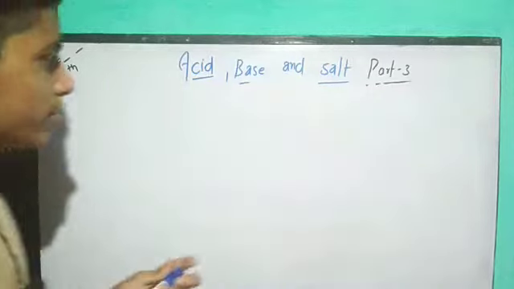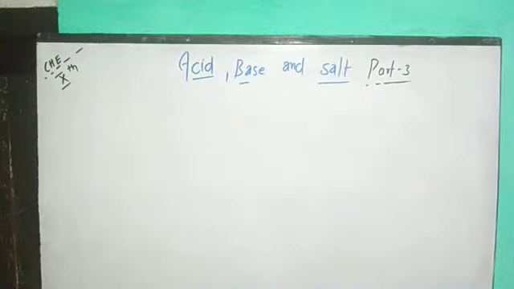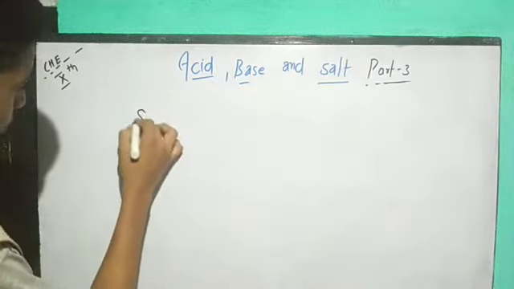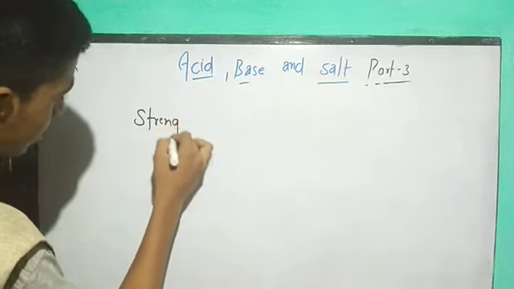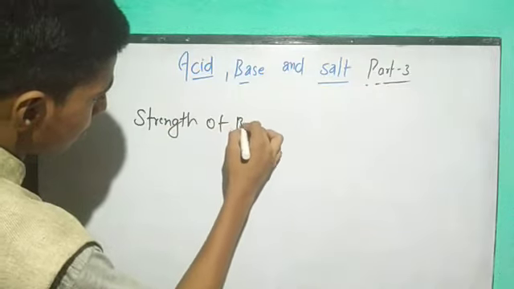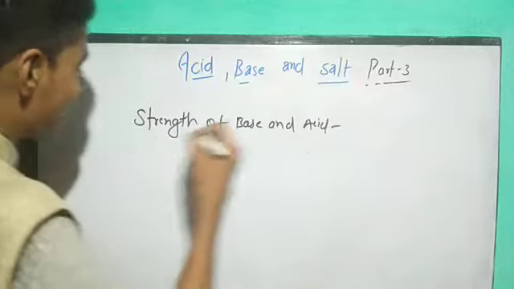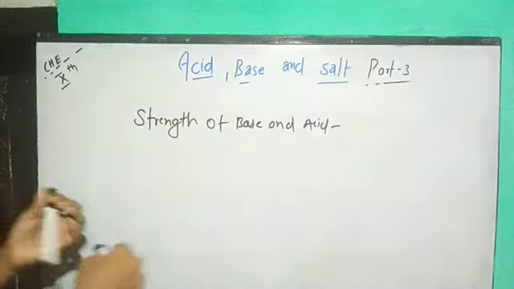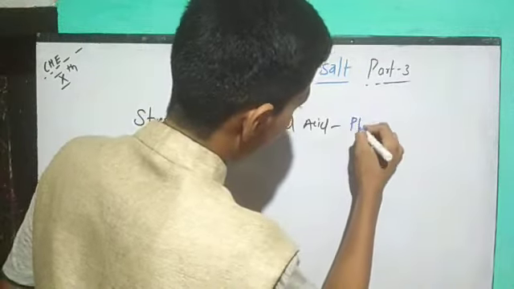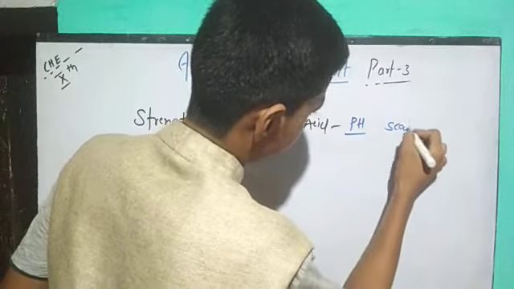So we are going to deal with which scale, instrument, or way we can use to check whether a base or acid solution is powerful or not. So we are going to see the strength of base and acid. And after this, you will see a very interesting thing, which is the pH scale.